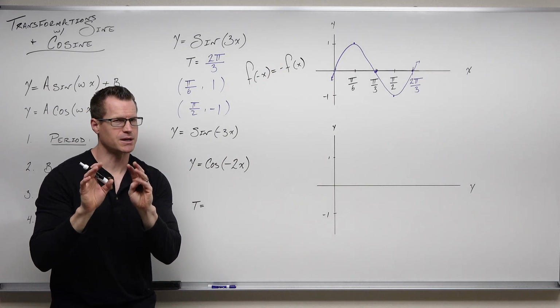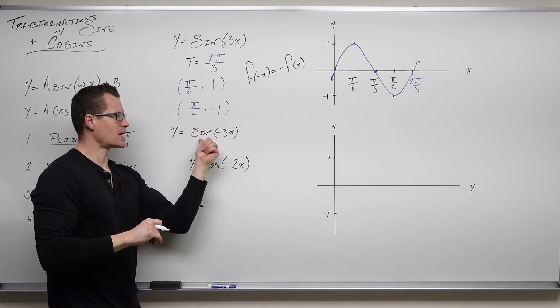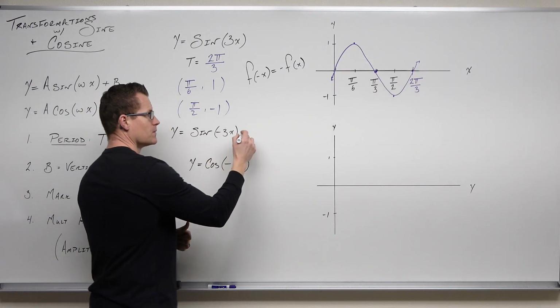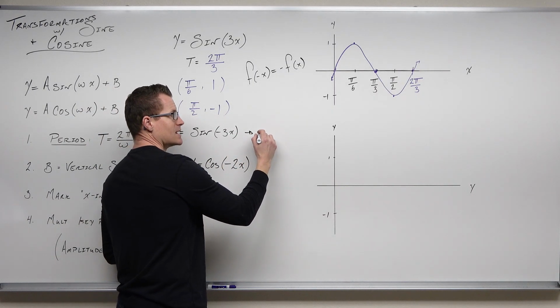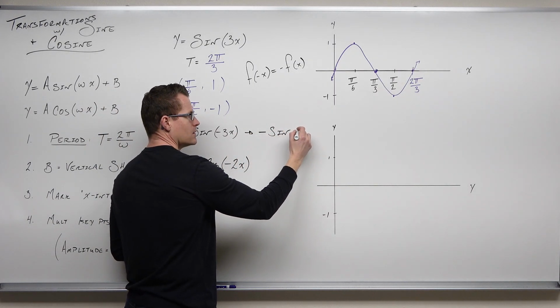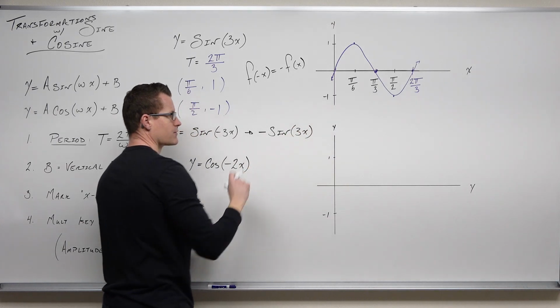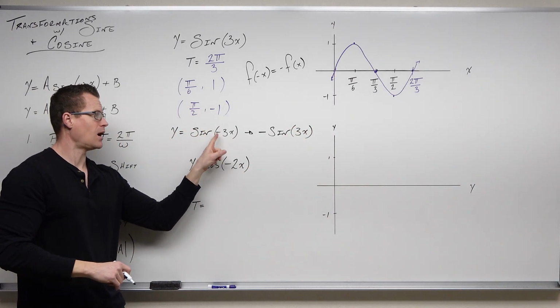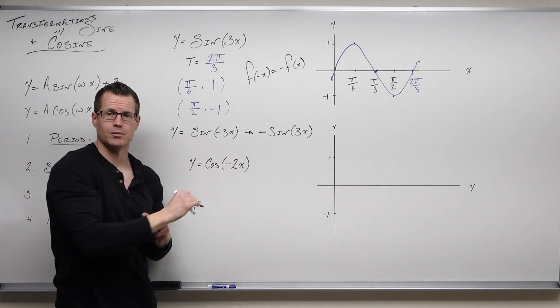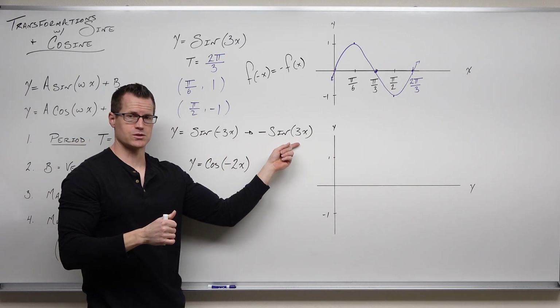What that means for sine, because it's an odd function, is that if you have sine of a negative inside of your function, you could write this as negative sine of 3x. Odd functions say opposite inputs, opposite outputs. That's odd, and that's what this would do.